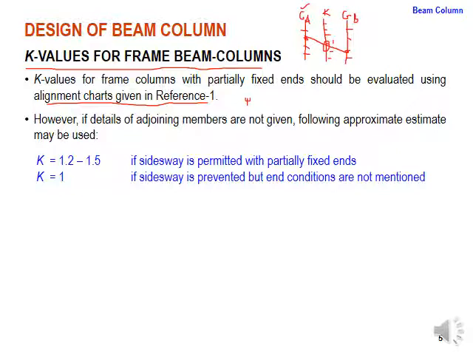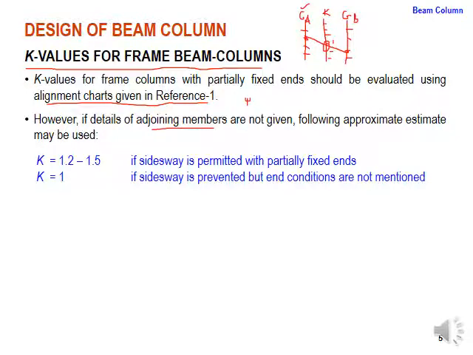However, if details of the joining members are not given, then to use these alignment charts, to calculate GA and GB, all of the information is needed. If the information about the connecting or joining members is not given, then you have to follow approximate estimates.